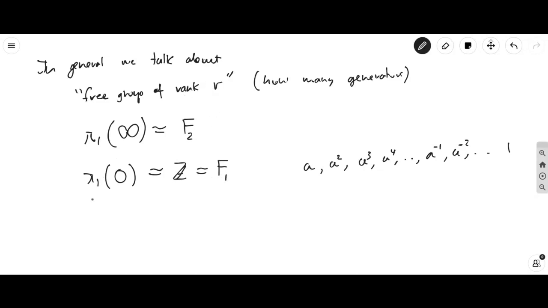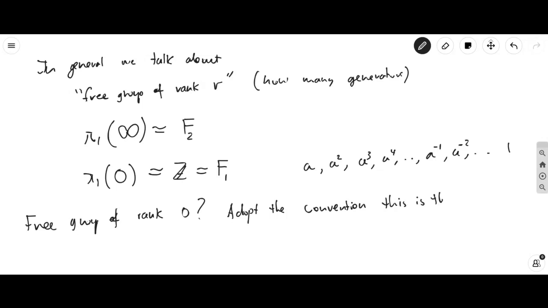I guess we can make a free group of rank 0. This is a bit degenerate. It's like one of those empty set conventions, but maybe we'll adopt the convention that this is the trivial group.